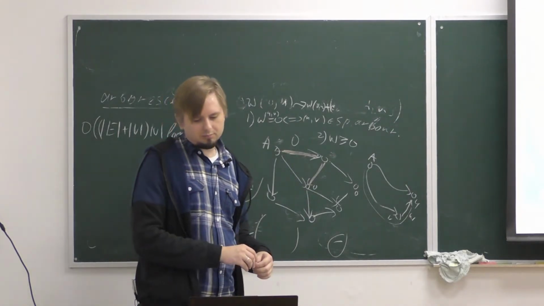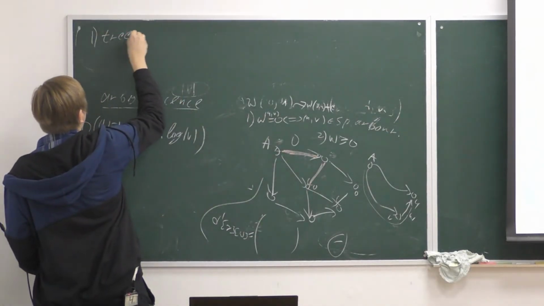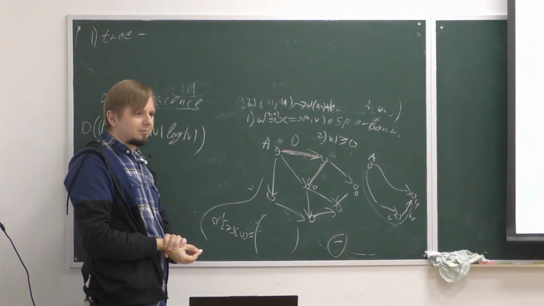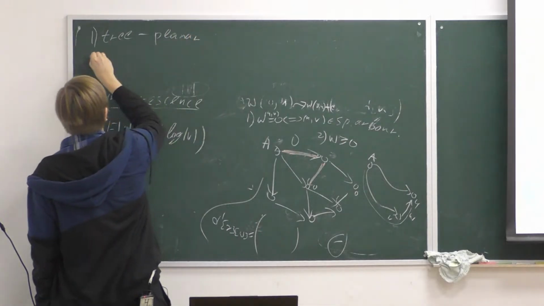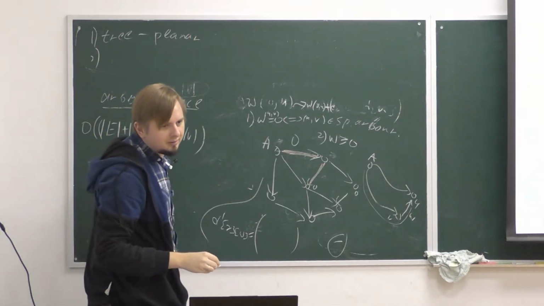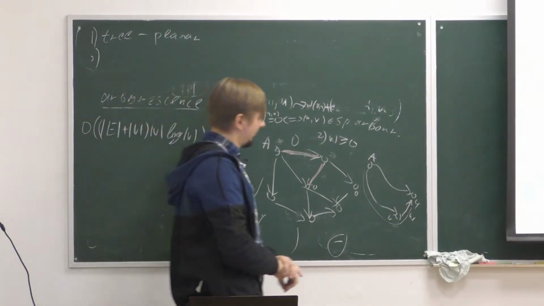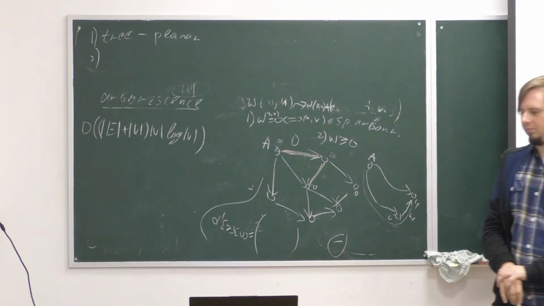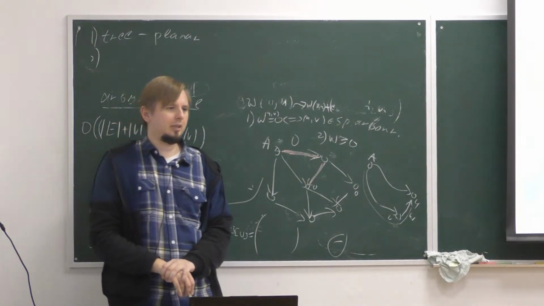Let's consider some cases. For example, is this planar or not planar? Because we can do it step by step. Using some algorithm, we can add edges one by one.